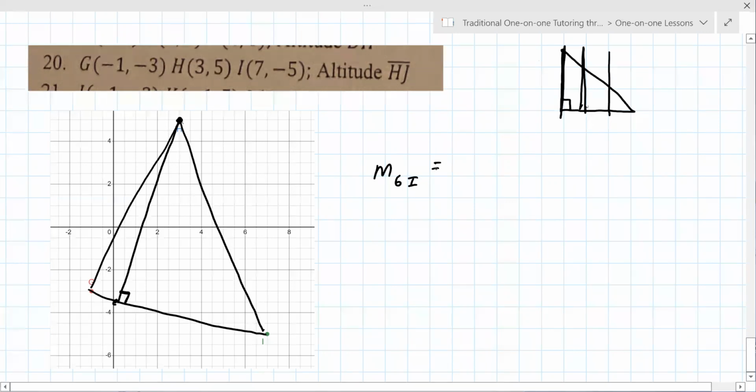I just lost my train of thought doing it. This one's more difficult. It's okay. Do you need the formula? What can I do to help you here?